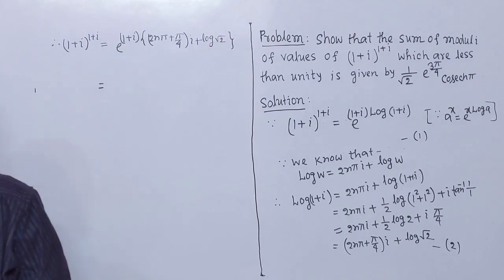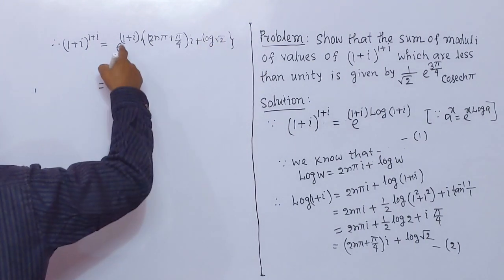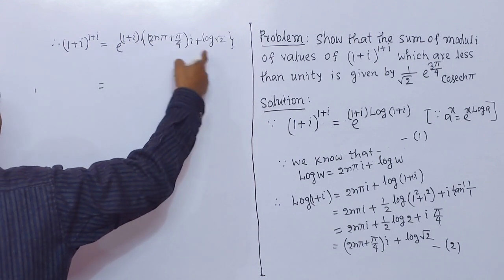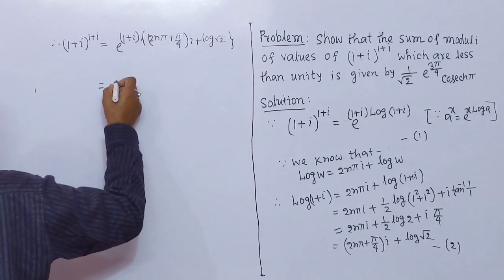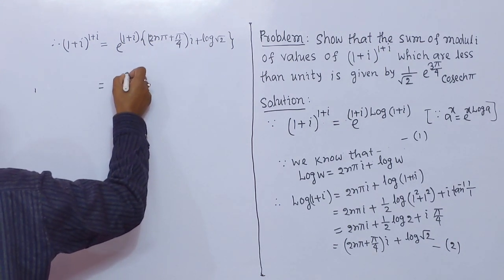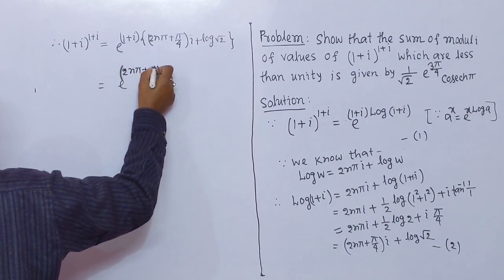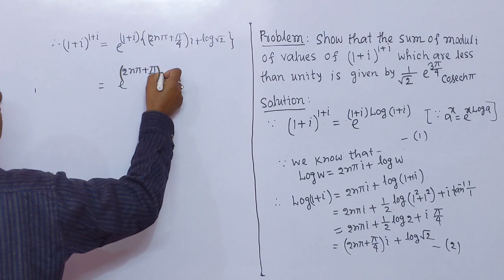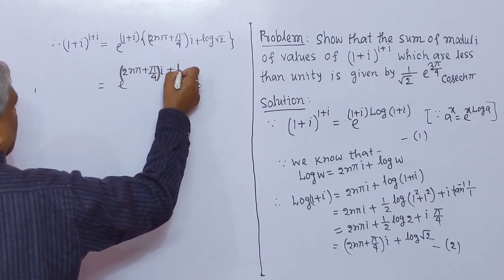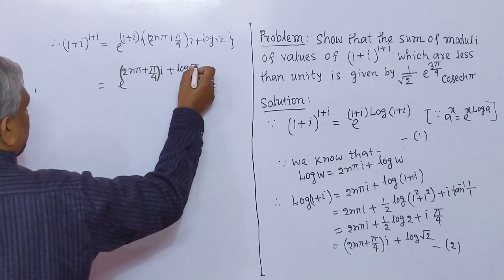This is equal to, we firstly multiply by 1: e to the power (2n pi plus pi by 4) i plus log square root 2.